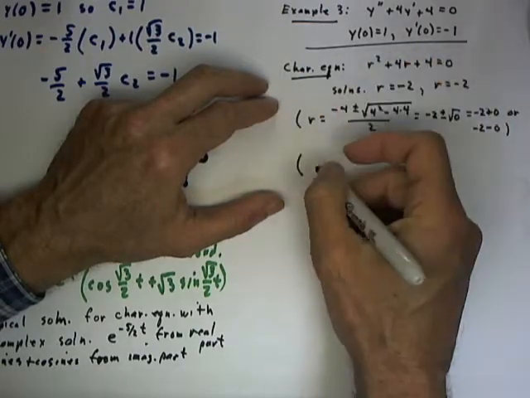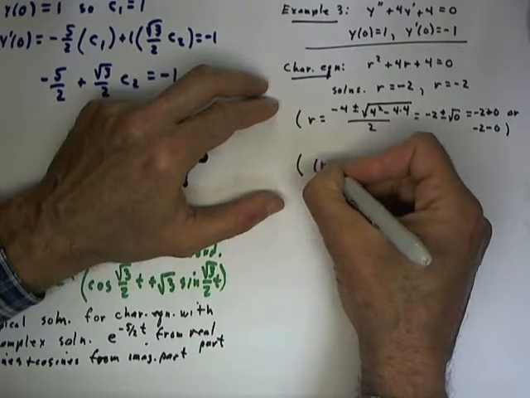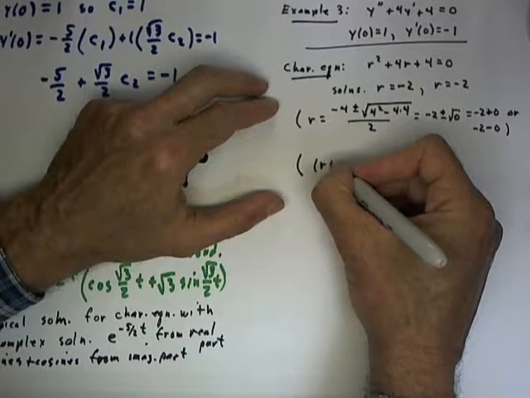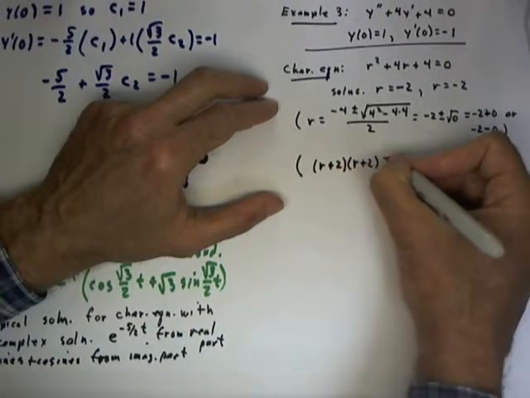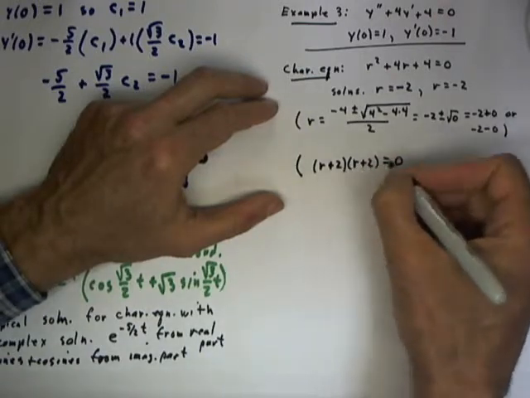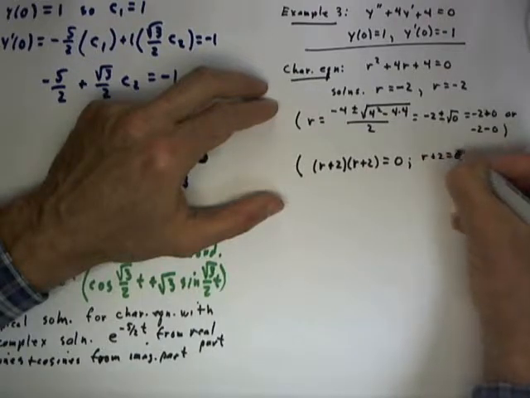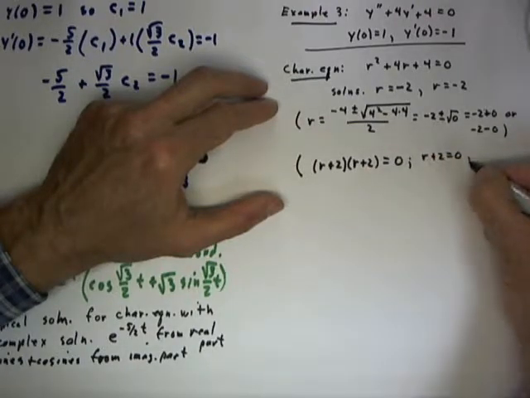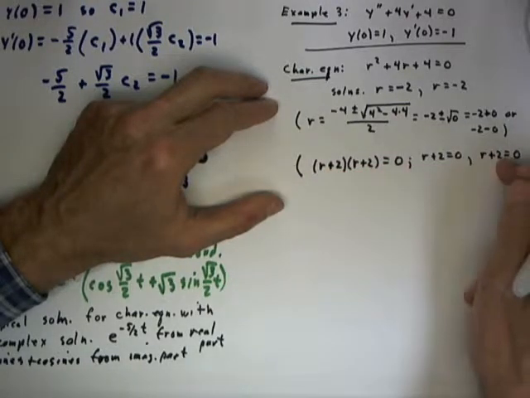Alternatively, this equation is easy to factor. We get r plus 2 times r plus 2 equals 0, so that r plus 2 equals 0 is one root, and r plus 2 equals 0 gives us another root.